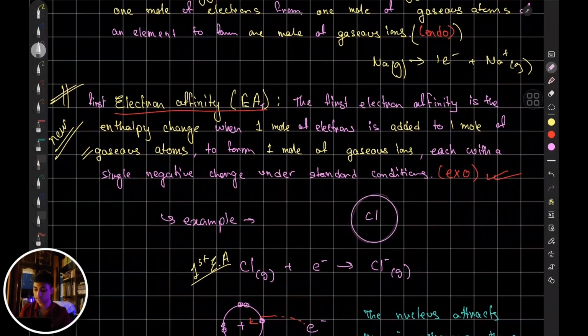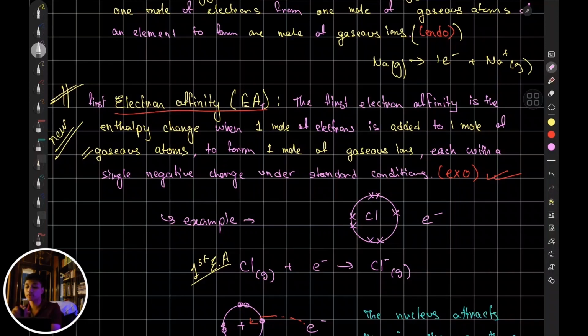Cl. This is the shell, and you have all 7 electrons. And what are you doing to the chlorine atom? You're adding an electron. You're forming a bond between the chlorine atom and the electron. What does that do? That is supposed to release energy.